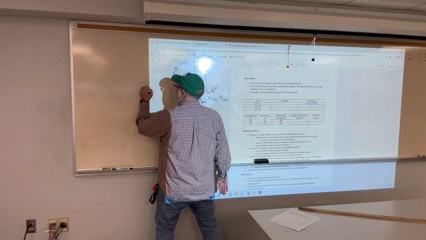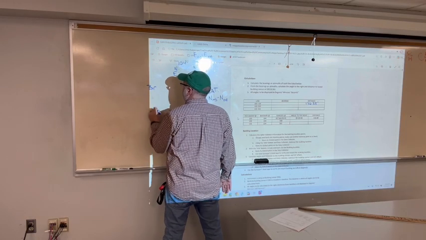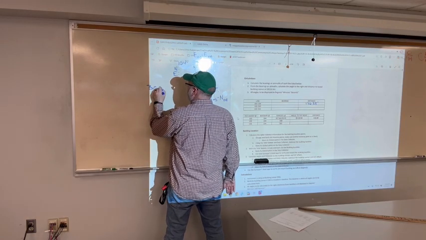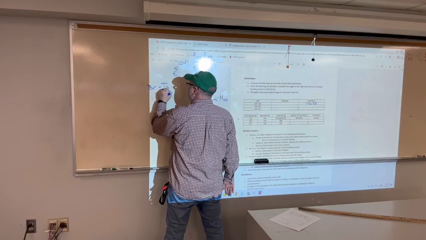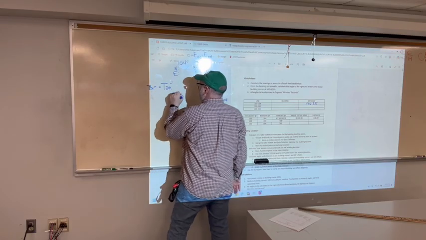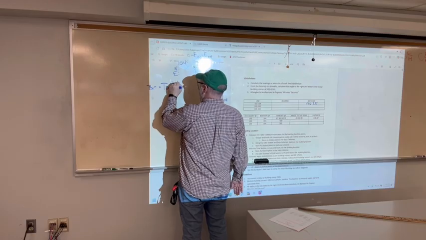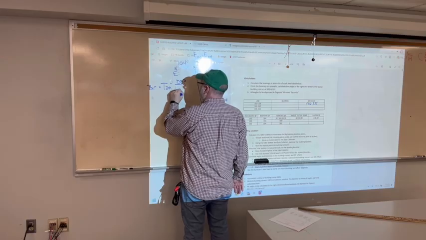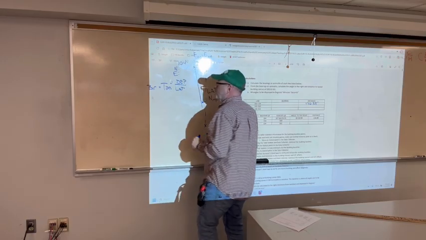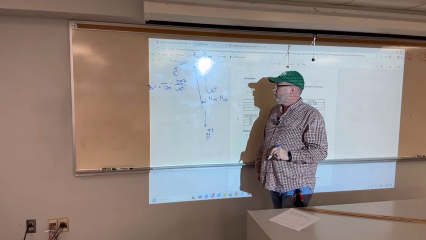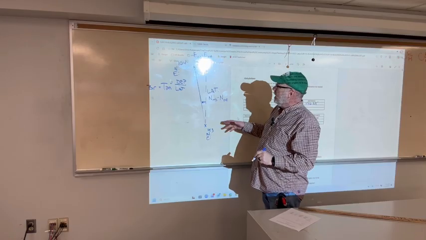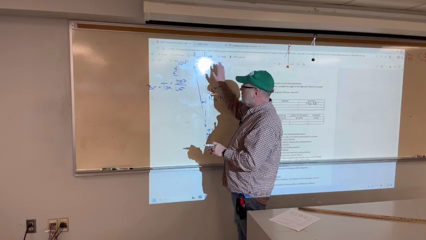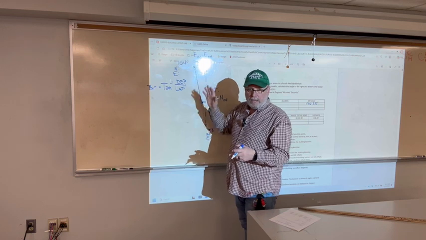We'll just write down the bearing is equal to the inverse tangent of opposite, the departure, divided by the latitude. And the distance is just going to be the latitude and departure right triangle, Pythagorean theorem.